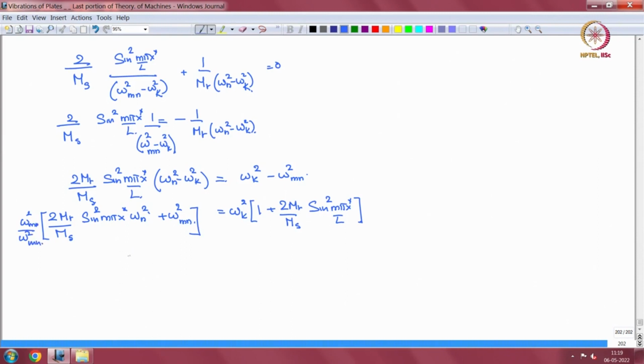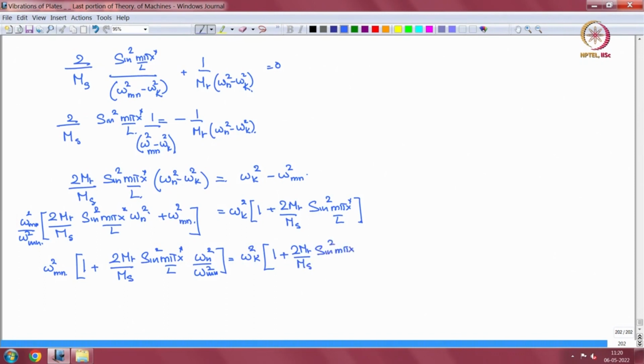I get twice mr by ms sine square m pi x star by L into omega n square by omega mn square 1 plus into omega square mn is equal to omega square k into 1 plus twice mr by ms sine square m pi x star by L.